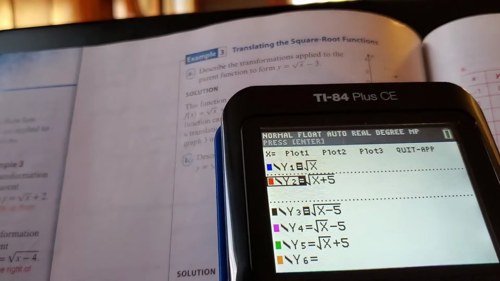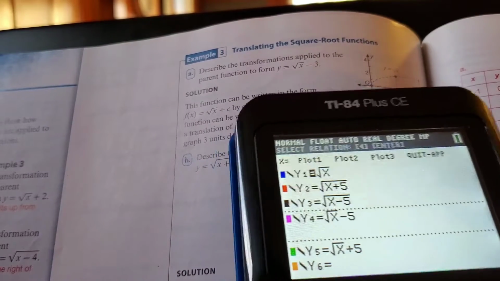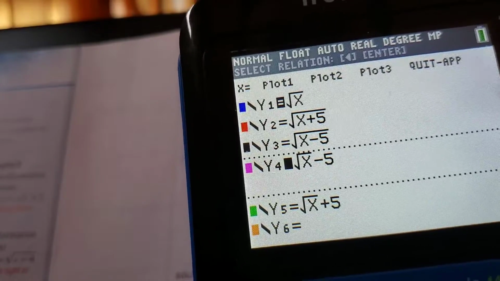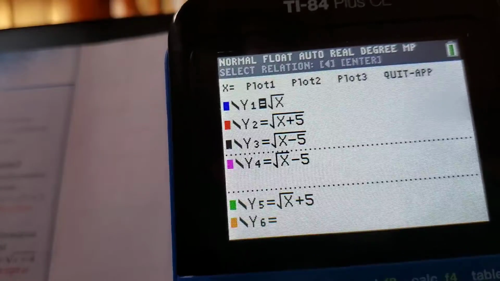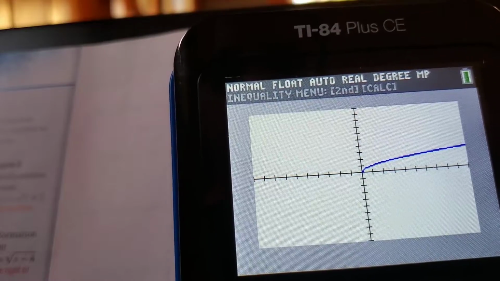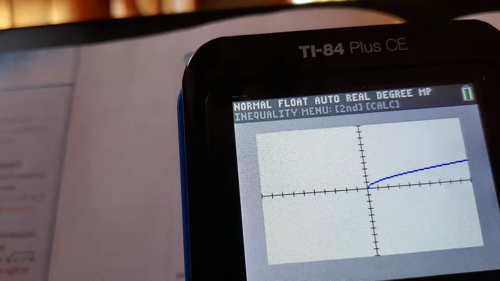Now, let's not highlight this one. Let's highlight this one. In here, in the fourth one, I have square root of x, and then outside the square root, I have minus 5. And look what happens. This is my original function. And what happened to the other one?